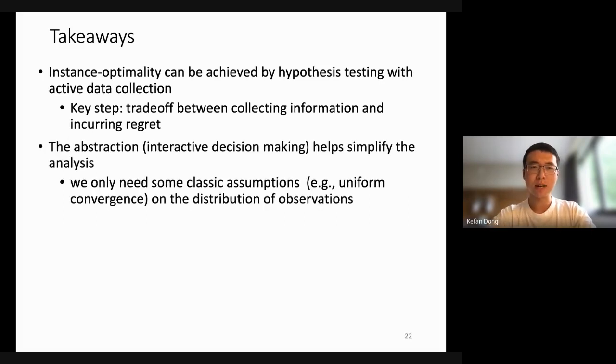Also, this abstraction of the interactive decision-making framework helps simplify the analysis. We abstract away the actual structure of the problem into a single random variable called observation, and we only need some classical assumptions, say uniform convergence, on the distribution of the observations.